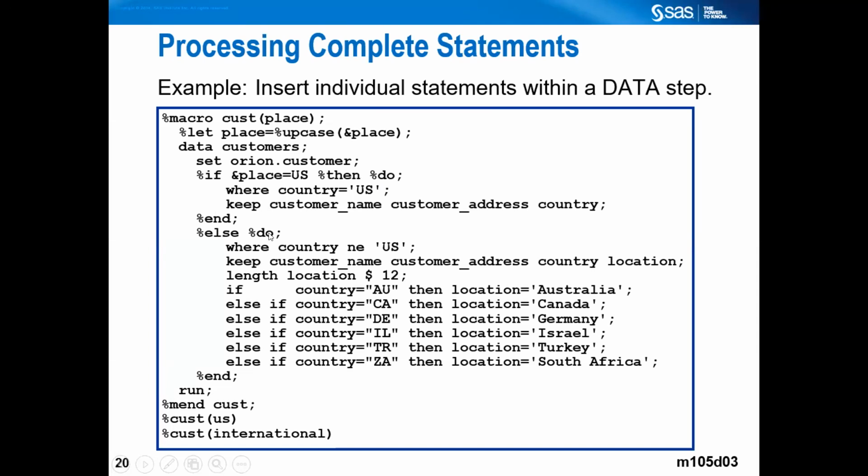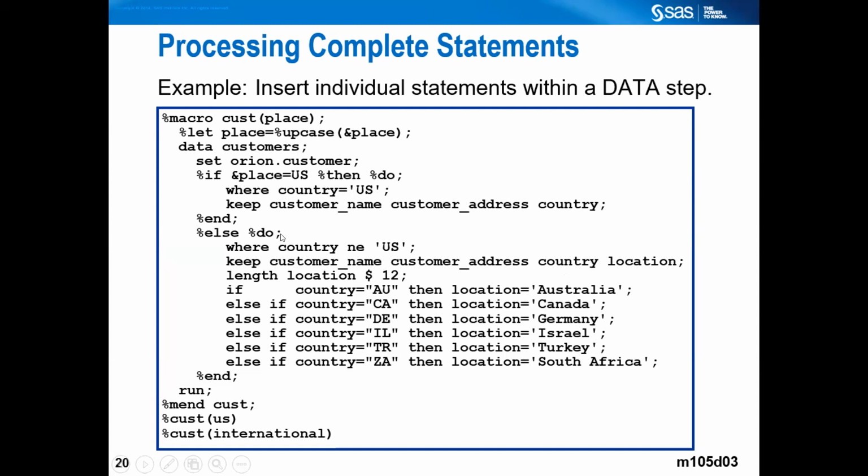You are writing another else do to create this data set customers, telling if your condition for your country is not equal to USA. Okay, so the customer data should be not equal to USA. Then you're keeping these columns and you're creating a new variable location with the length of 12, and you are telling the country values are not equal to USA, then all other countries, and of course create a new column location by giving the values of those countries.